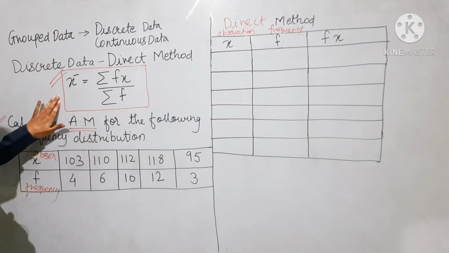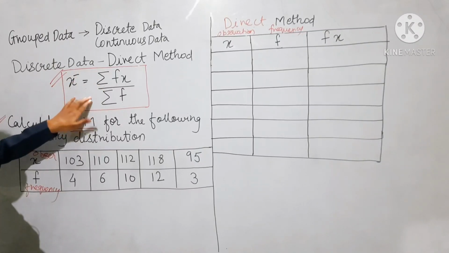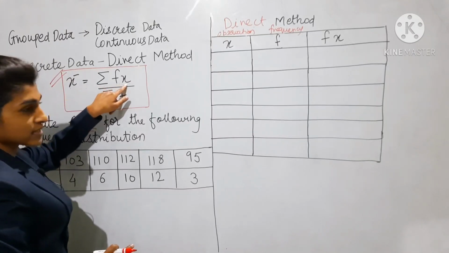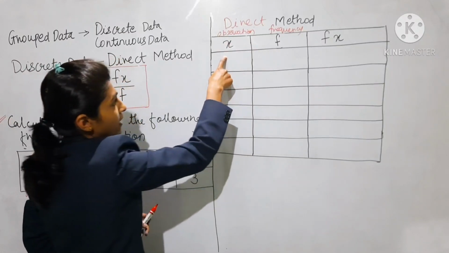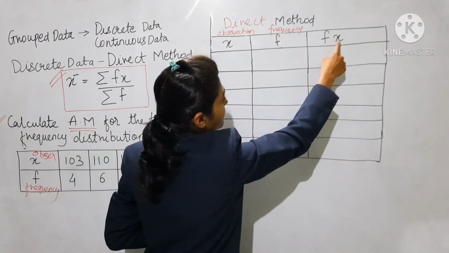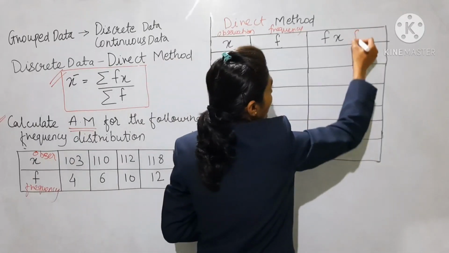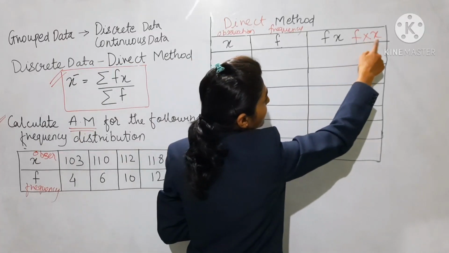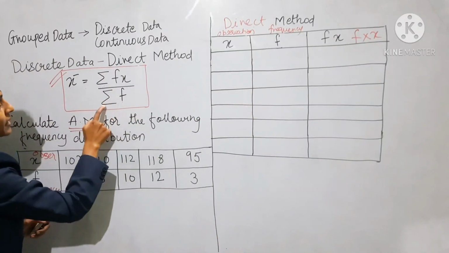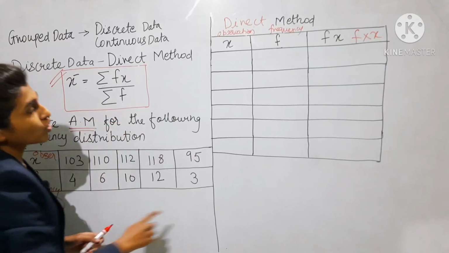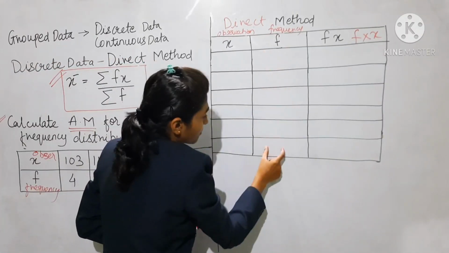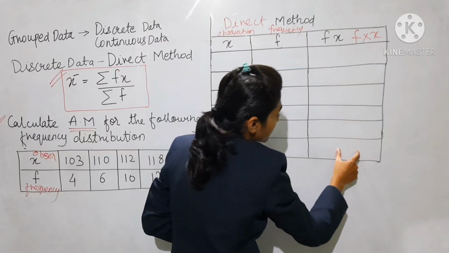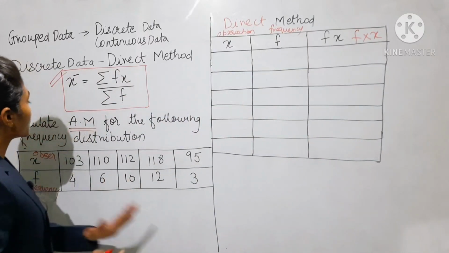Now observe the formula. The formula of direct method is what? X bar, meaning arithmetic mean, is equals to summation of fx. Fx means frequency and x. So that's why I am preparing the fx column. So fx means f into x, f multiplied by x, divided by summation of f. Whatever will be the total of this column, we are going to take that final amount, and whatever will be the total of fx, we are going to take that amount.